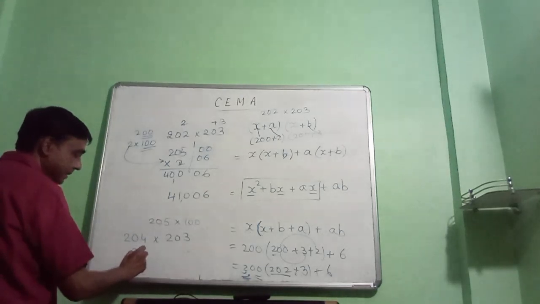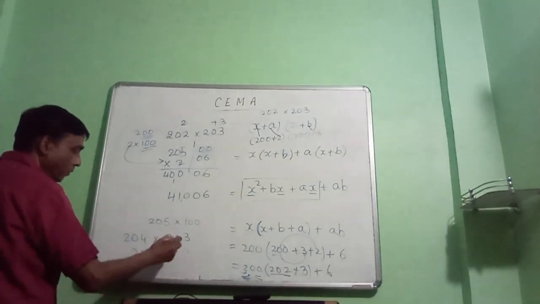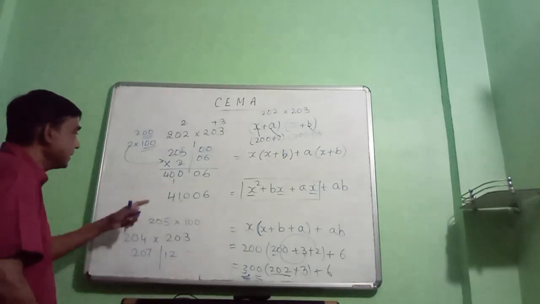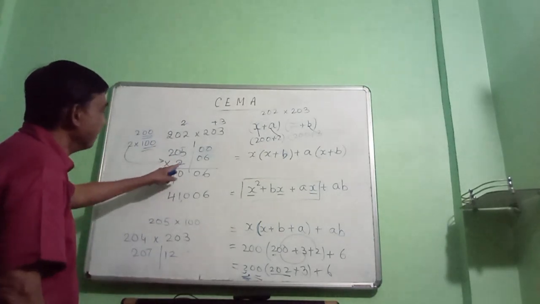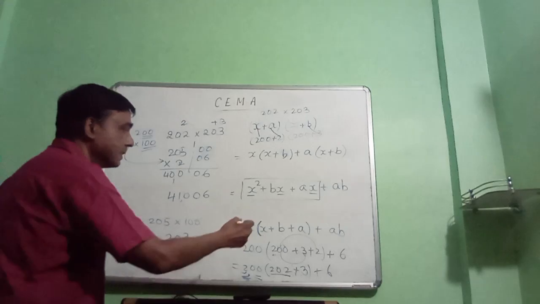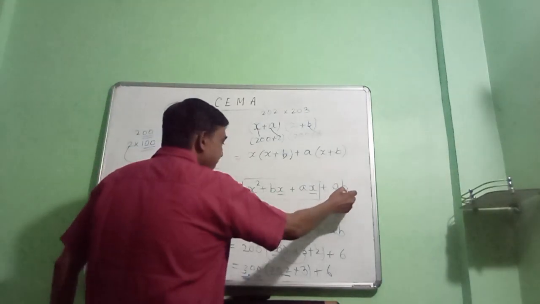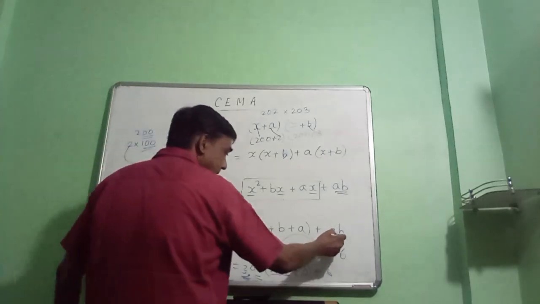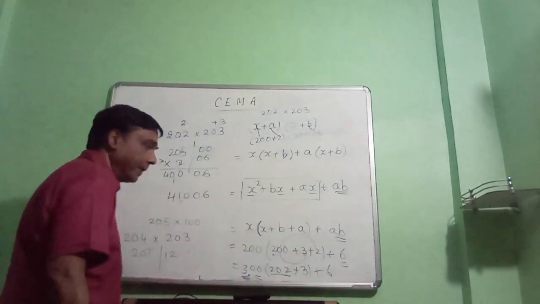Okay, in the same manner, if I take, say, 204 multiplied by 203, it becomes 204 plus 3, that's 207, and 4 3s are 12. Now one more thing, we are multiplying only this part by 2. The reason is here. Okay, this ab is not getting multiplied by 2. This 6 is not getting multiplied by 2.